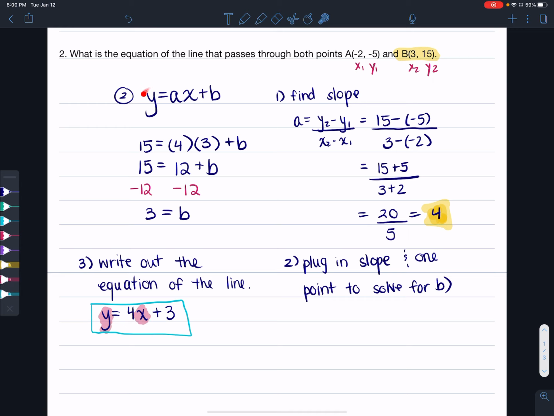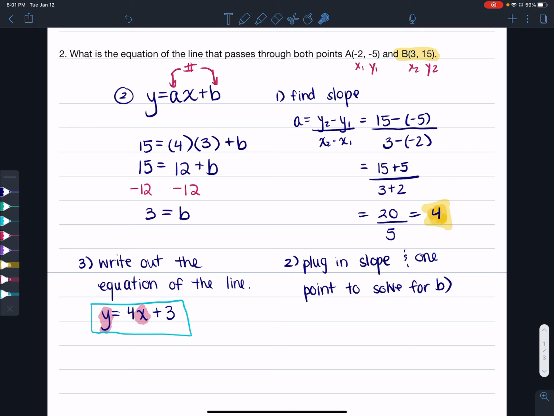So this format here, y equals ax plus b, is the very general form of what the equation of a line looks like, but we know that a and b are supposed to be numbers. So in order for us to actually describe a line, a and b have to be numbers, y and x have to be letters.